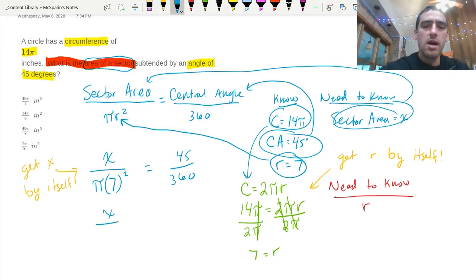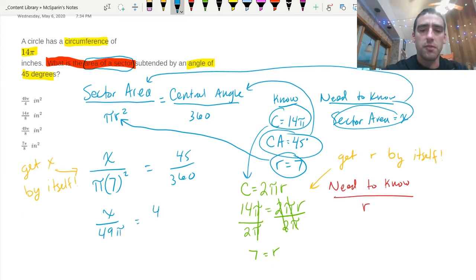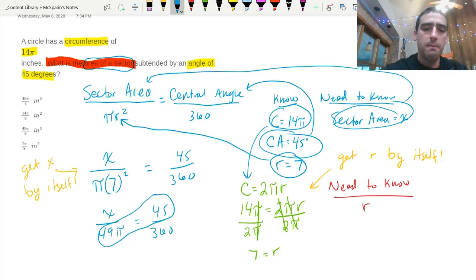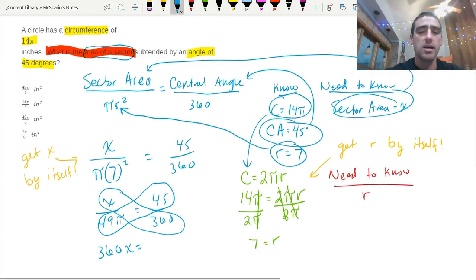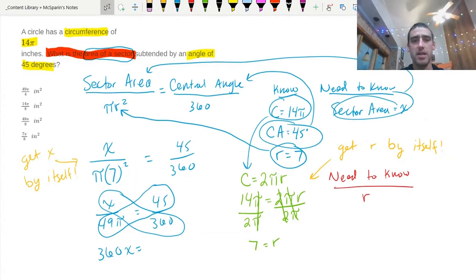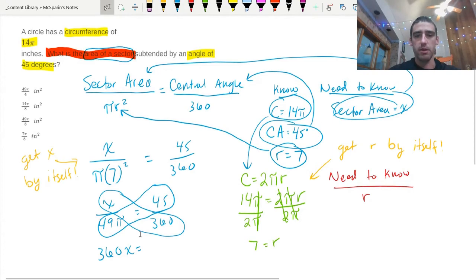Got x over 7 squared, so x over 49 pi equals 45 over 360. I'm going to cross multiply. So I'll go 360x equals, that's just 360 times x. And I'm going to do 45 times 49. Man, that's going to be a big number. You ready for this?